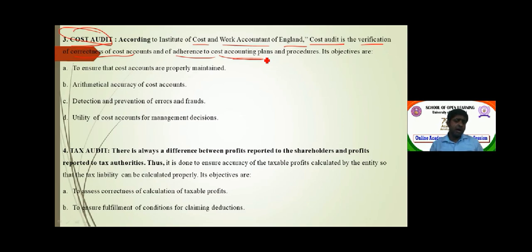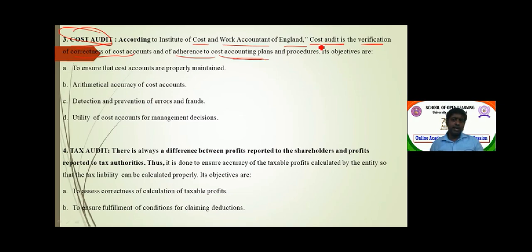Generally, this cost audit happens in those companies or institutions where manufacturing activities are being done, or some sort of activities are happening whereby goods and services are being produced regularly or over a period of time. Only those institutions having this nature or characteristic are covered under the ambit of this cost audit.